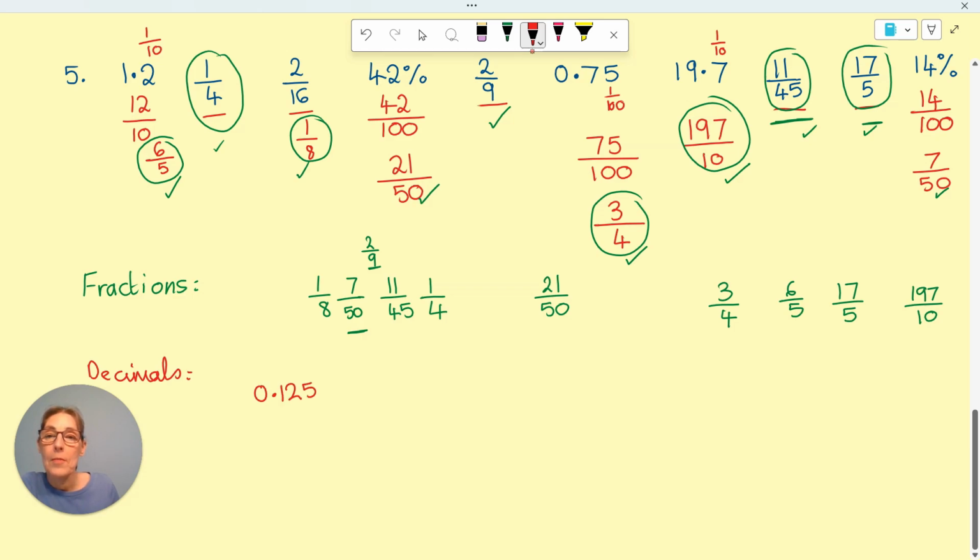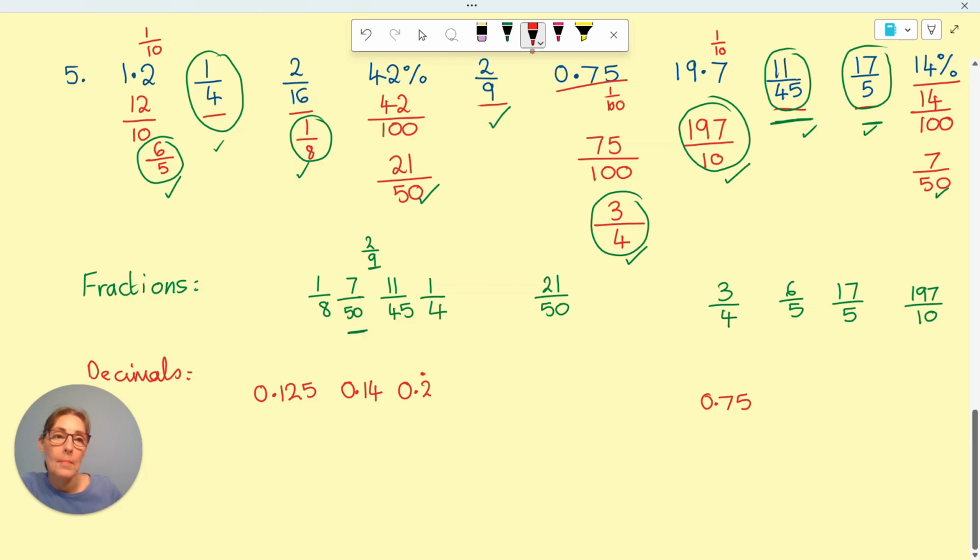I know 7/50, because we've already got some as decimals here. We've got the 0.75 here. I know that 14% is 7/50, which is 0.14. I know 2/9 is 0.2 recurring. Well, I think it is.